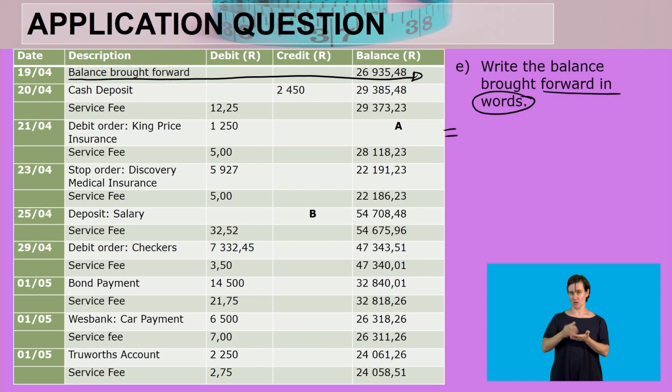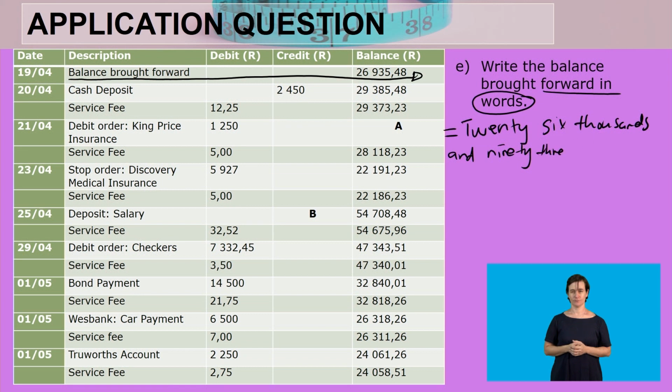So we can write that down: twenty-six thousand, nine hundred and thirty-five rands and forty-eight cents.